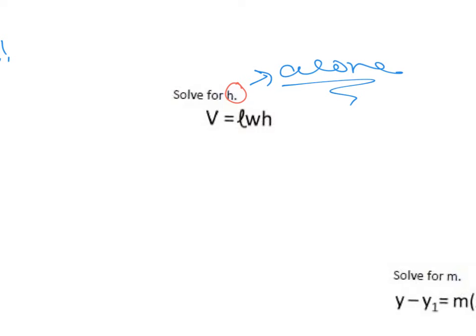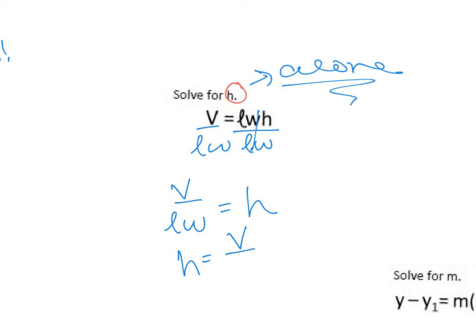We can do that by dividing both sides by L and W. They go away here, so we get V over LW equals H. And then we can switch it around. And that's it. See how we're just rearranging the furniture? We're not actually getting any numbers here or quantities. We're just moving things around to draw attention to or highlight what we want to get all by itself.